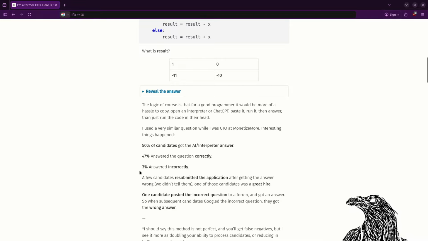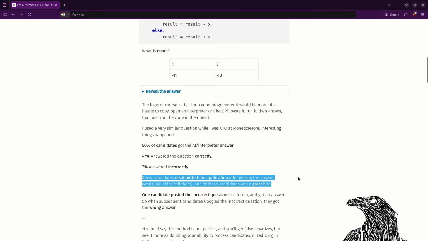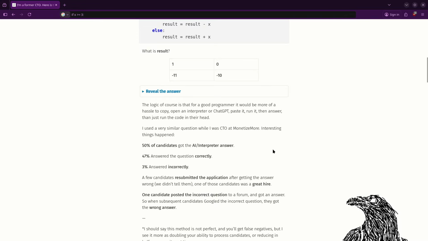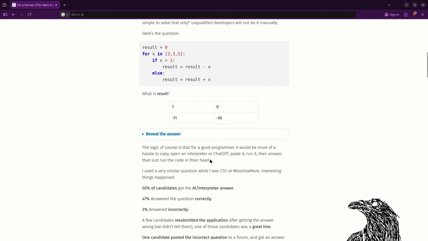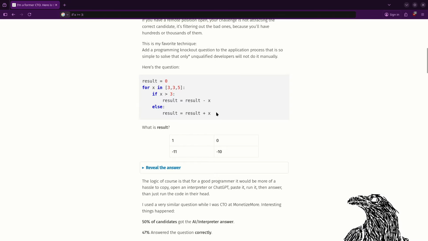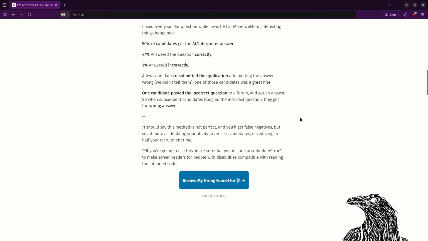So there are 3% that answered it incorrectly, but there was a few people who resubmitted the application, and it turns out that one of them was a really good hire. So if you answer it incorrectly, it doesn't mean you're unqualified. It just means that you don't heavily rely on AI to essentially hold your hand for you.